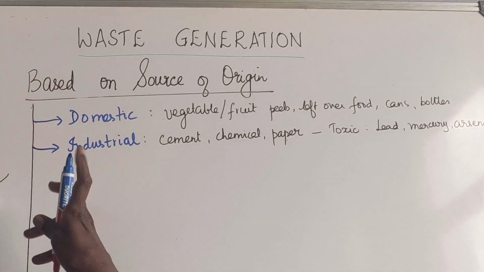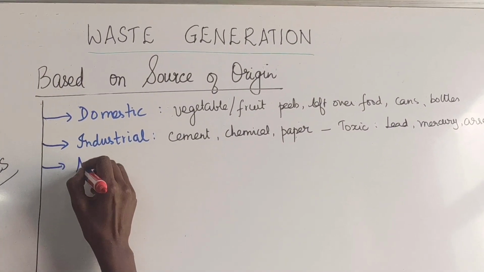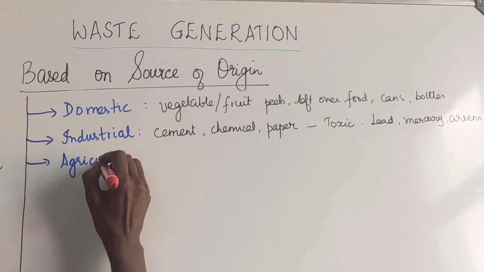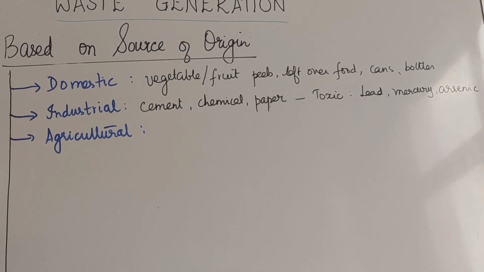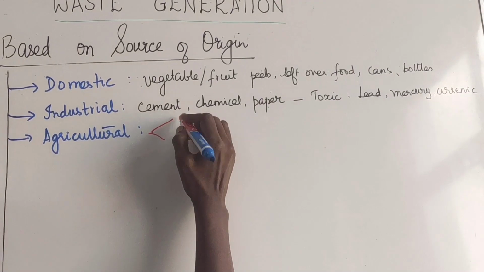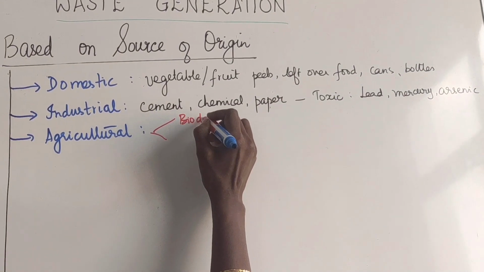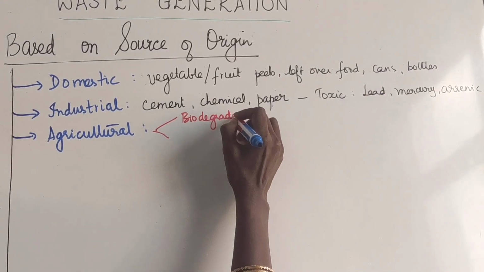Then the next one is agricultural waste. When you talk about agricultural waste, we can divide them into two, biodegradable and non-biodegradable.